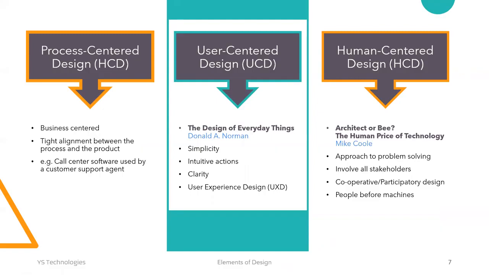The design process can be classified depending on what or where the focus is placed. It can be process-centered, user-centered, or human-centered. User-centered and human-centered tend to have a lot of overlap. Let's first start with process-centered design.